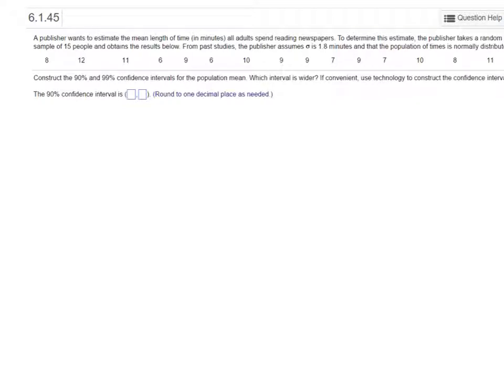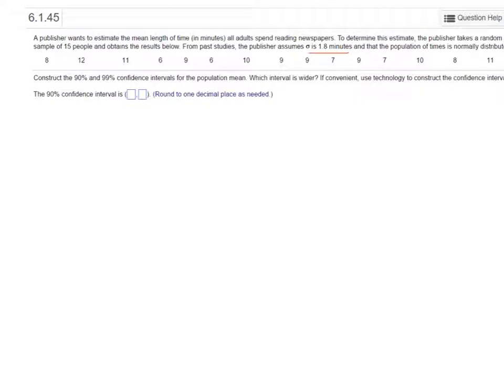So first we need to remember our basic formula for constructing a confidence interval for a mean from a sample, but we do know the standard deviation of the population, sigma. And so this is an example of a z-interval for a mean because we do know sigma.